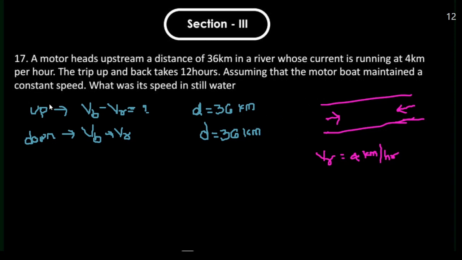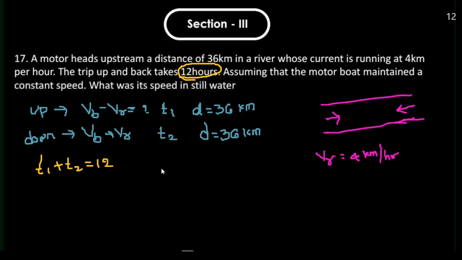So the time for the trip upstream is T1. Let's say the downstream time is T2. So the total time is T1 plus T2, right? This is the relation he has given here. So T1 plus T2 is equal to 12 hours. Assuming that the motorboat maintained a constant speed, what was its speed in still water, right?